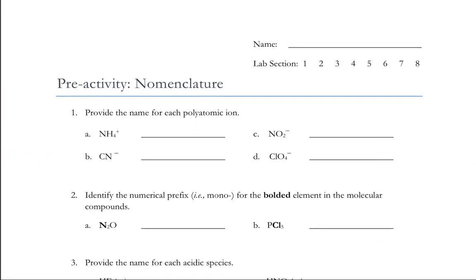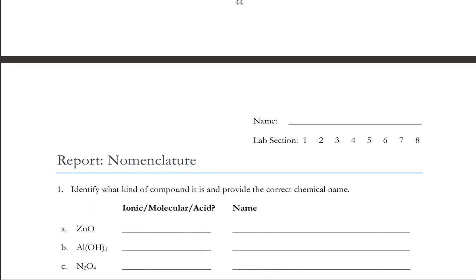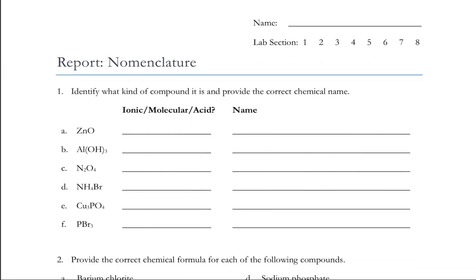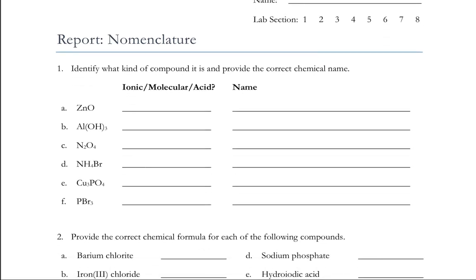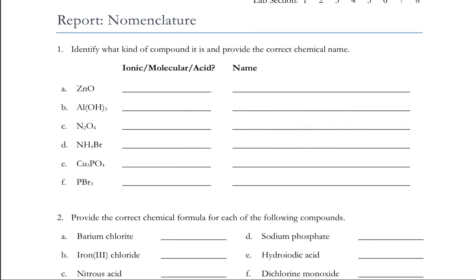Alrighty, so you don't have to do the pre-activities, don't submit it. You do the report, so you put your name, don't worry about lab section. So in the first problem, we are identifying what kind of compound it is, ionic, molecular, or acid, and based on what type it is, we name it.